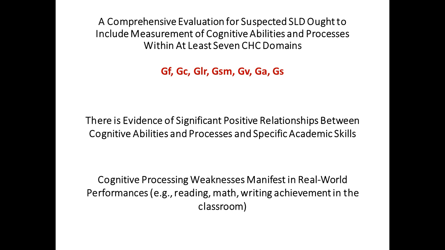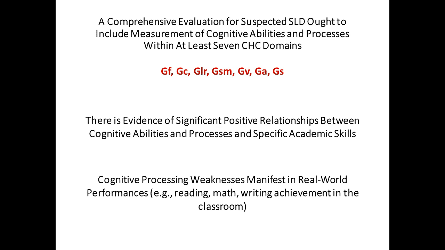Now, anytime you do a comprehensive evaluation, initial evaluation for an individual suspected of having a learning disability, it's important to represent the individual's functioning across these 7 areas: fluid, crystallized, long-term storage and retrieval, short-term memory, visual processing, auditory processing, and processing speed.